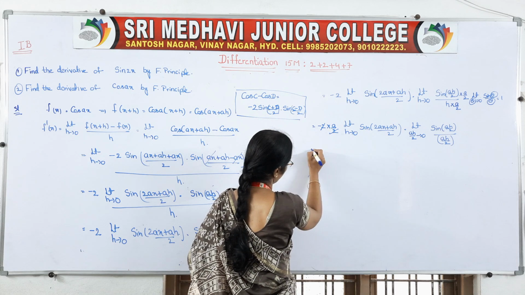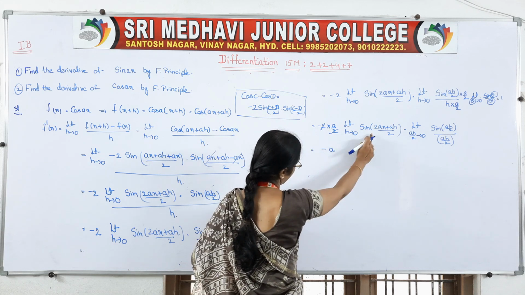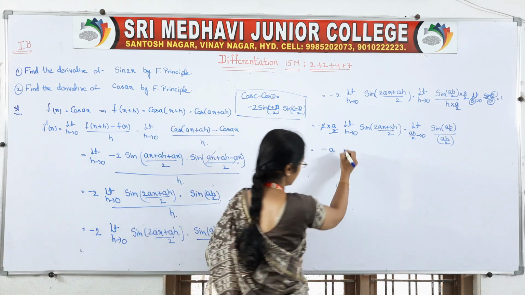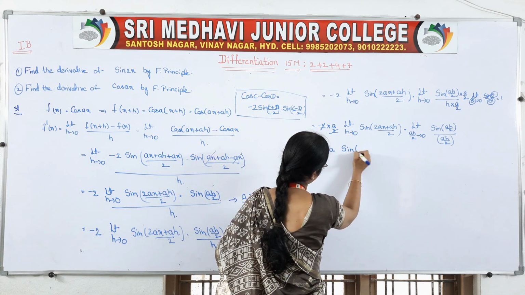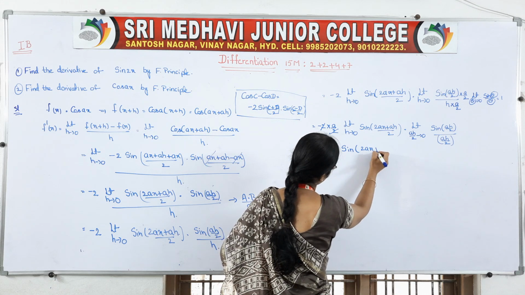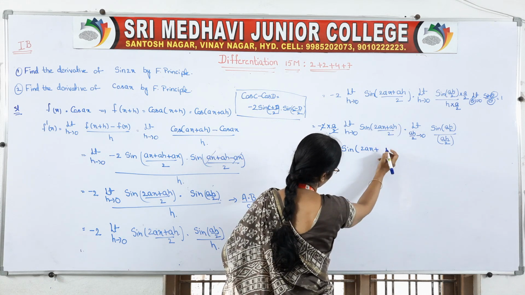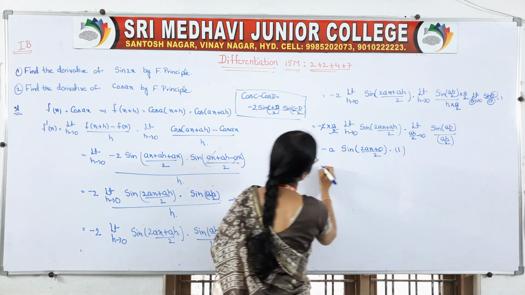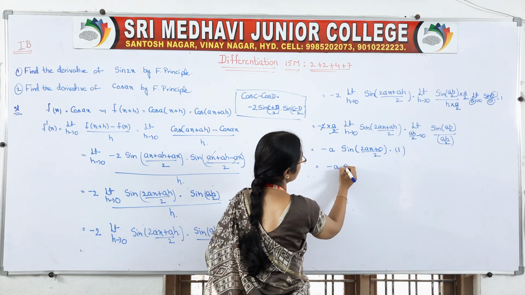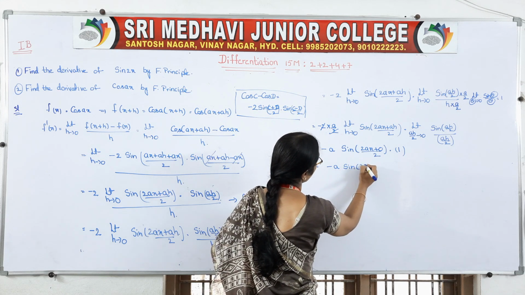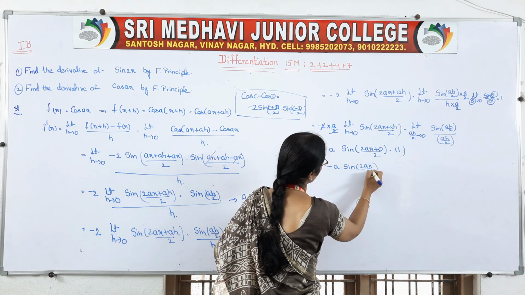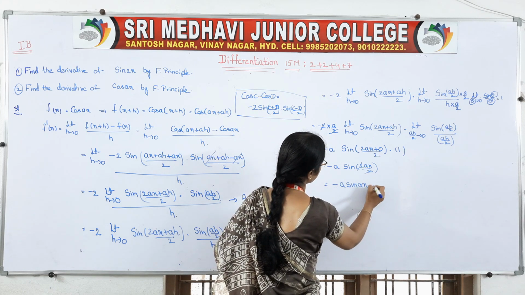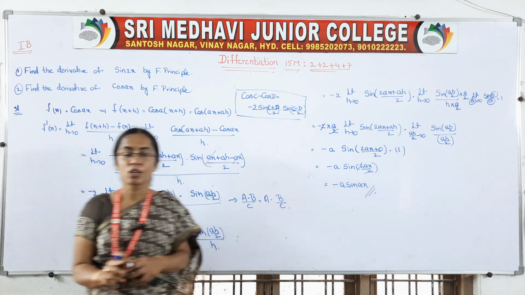So the 2 will get cancelled, minus a, and apply the limit. It is sine of (2ax plus 0) by 2 into 1. So it is minus a sine 2ax by 2. The 2s cancel: minus a sine ax is the answer of this question.